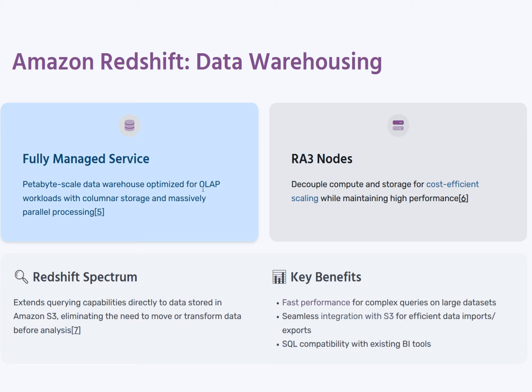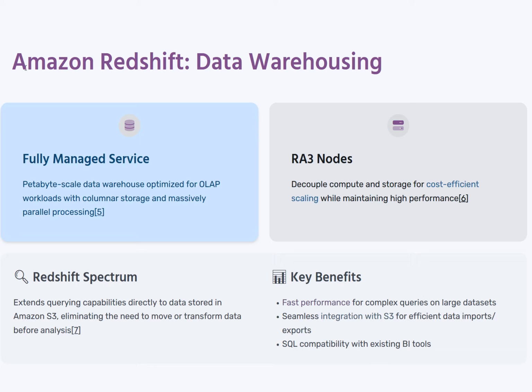All right, Redshift is the heart of the AWS analytics services, right? A petabyte-scale data warehouse optimized for OLAP workloads, columnar storage, and massively parallel processing. So that's Amazon Redshift: petabyte-scale data, OLAP workloads, columnar storage and massively parallel processing. These are the highlights of Redshift.